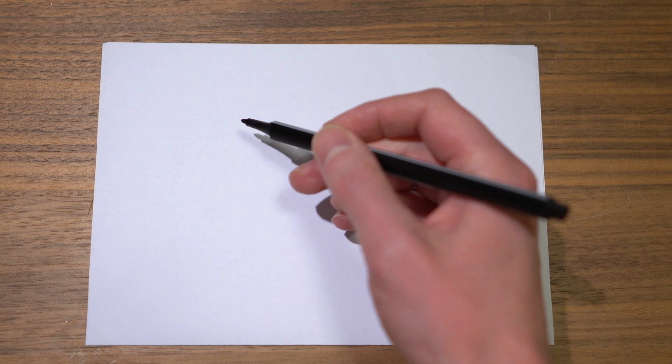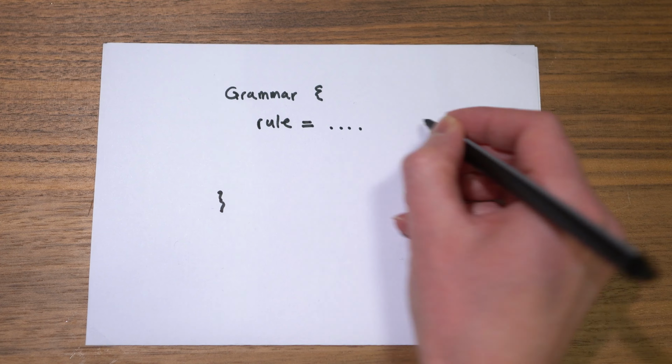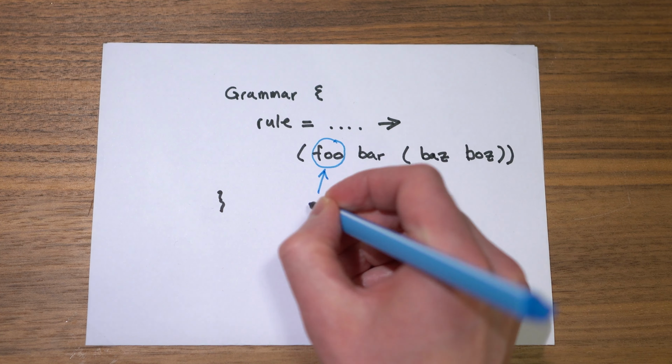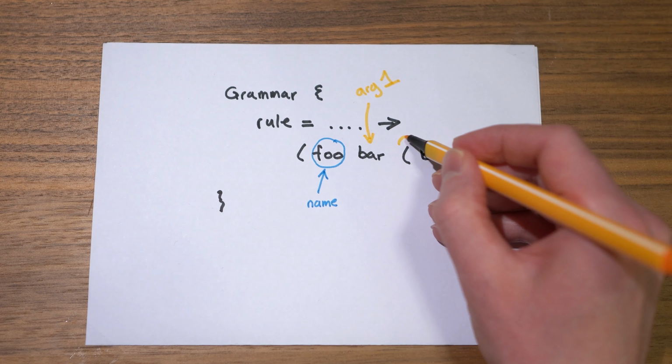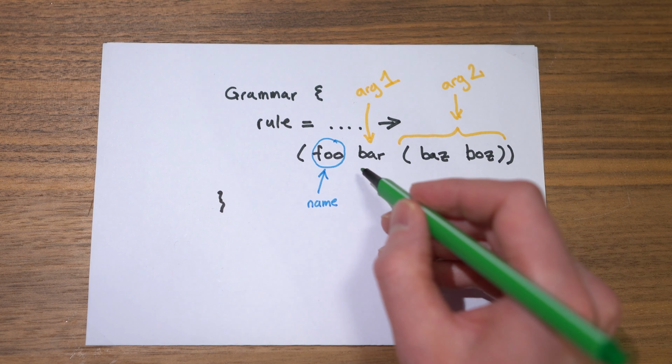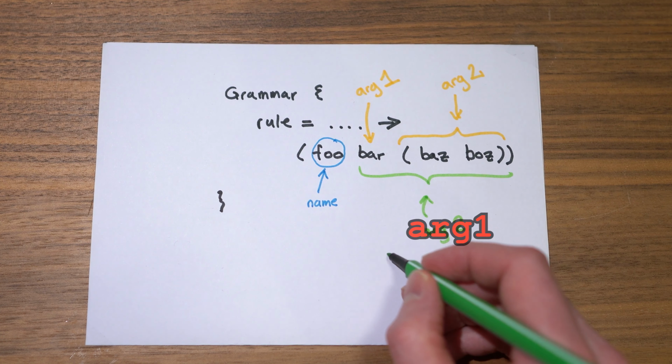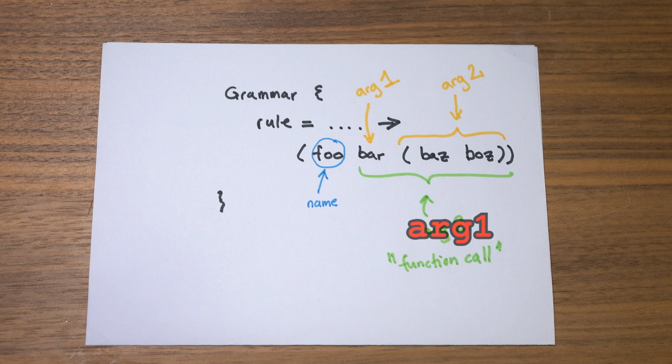Right. The problem with the two versions of function calls is that they interfere with each other. Take this grammar, for example. Here, the code should be interpreted as a function call to foo with 2 arguments, but instead it is interpreted as a function call with 1 argument, and that argument is a call to a function called bar. Let's see how we can solve that.